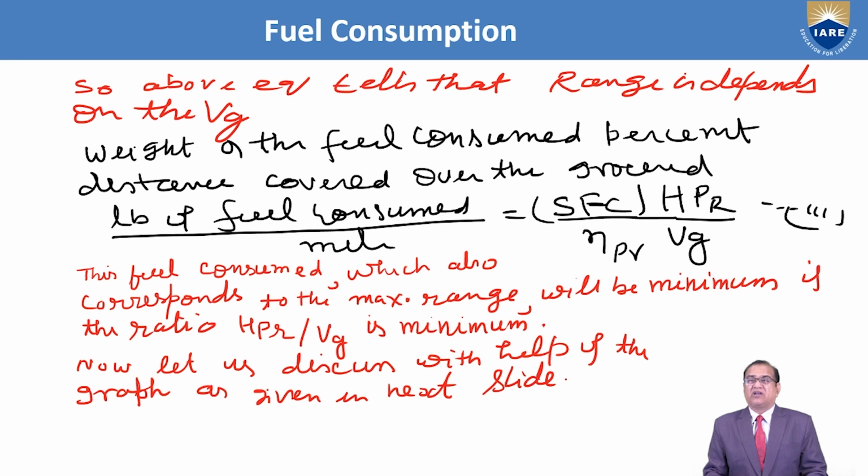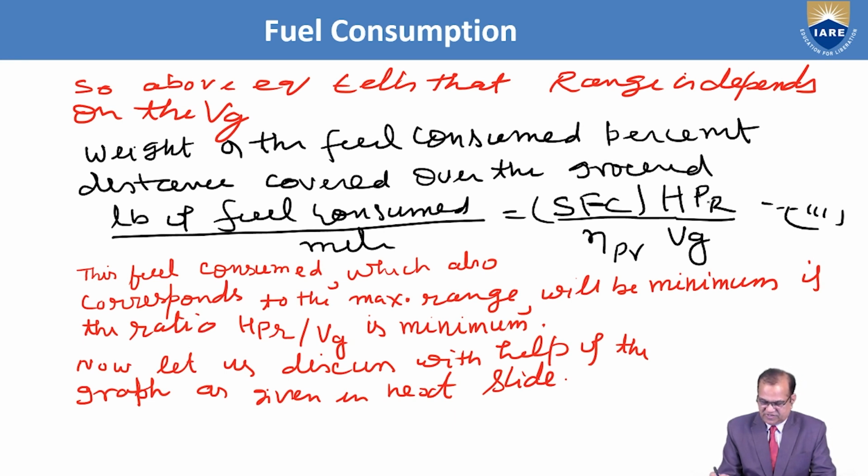Distance covered over the ground is equal to pounds of fuel consumed per mile, that is SFC into horsepower divided by eta of propeller into Vg. This is called the fuel consumption, which also corresponds to HPR by Vg.